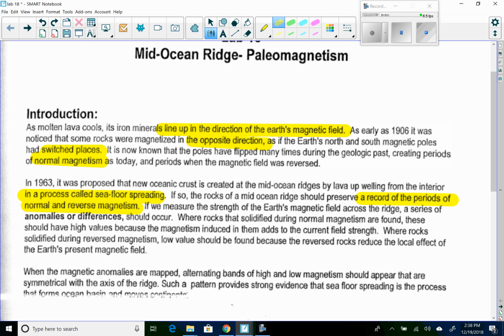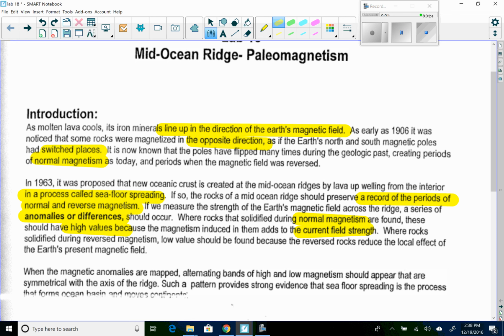If we measure the strength of the Earth's magnetic field across the ridge, a series of anomalies or differences should occur. Where rocks that solidified during normal magnetism are found, these should have high values of magnetism. These should have high values because the magnetism introduced in them adds to the current field strength.